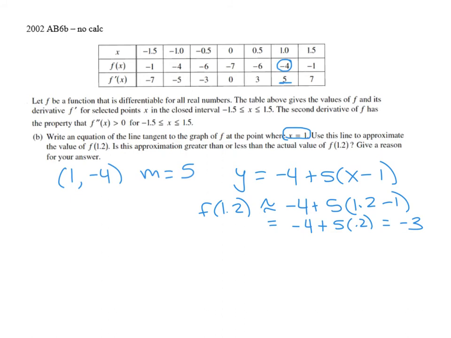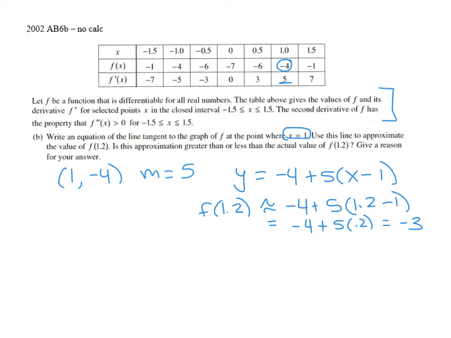Is this approximation greater than or less than the value of f of 1.2? Give a reason. All right, so look, if you haven't read the problem, read through the problem. The answer is in there. It says, let f be a function that is differentiable. The table gives values of f and its derivative for selected values.